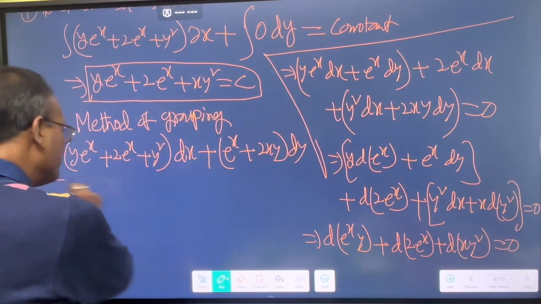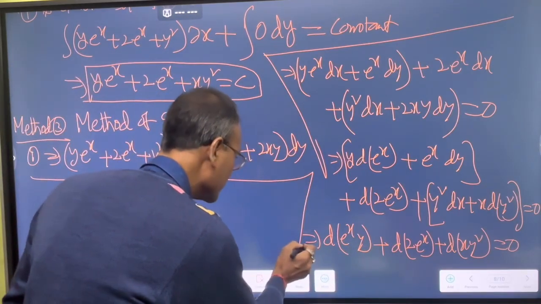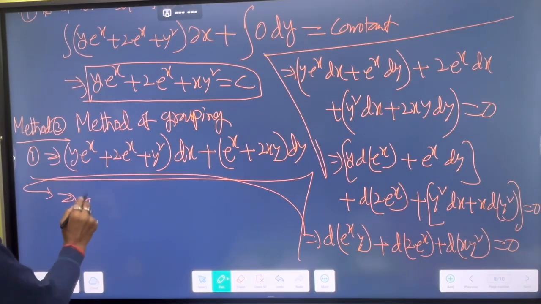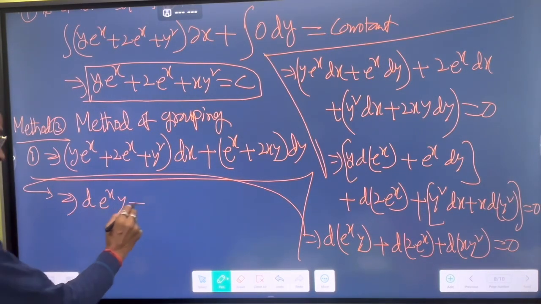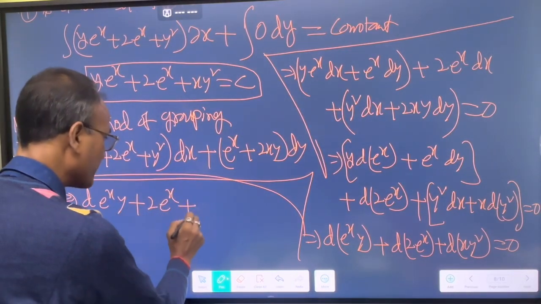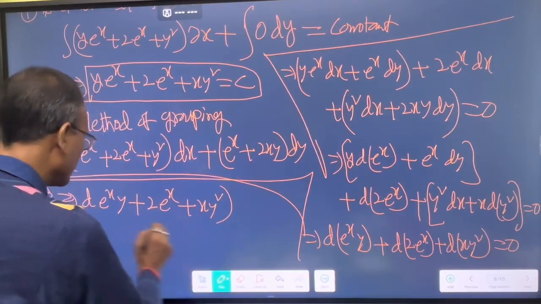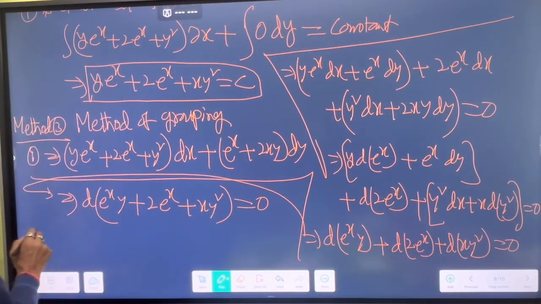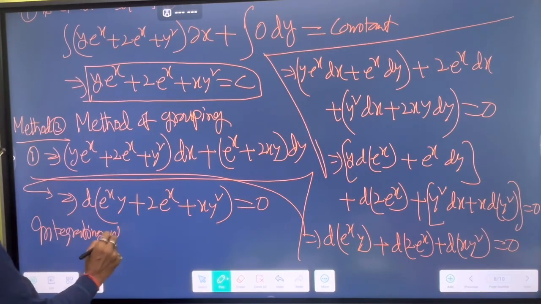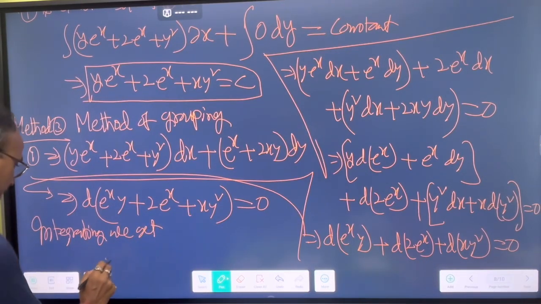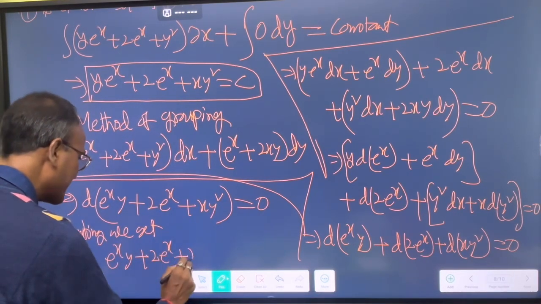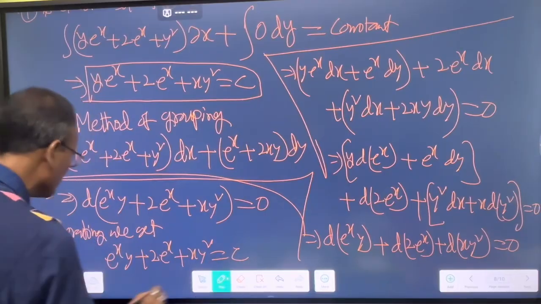Let me write here: d of e to the power x y plus 2 times e to the power x plus x y square equal to 0. Integrating, we get e to the power x y plus twice e to the power x plus x y square equal to c.